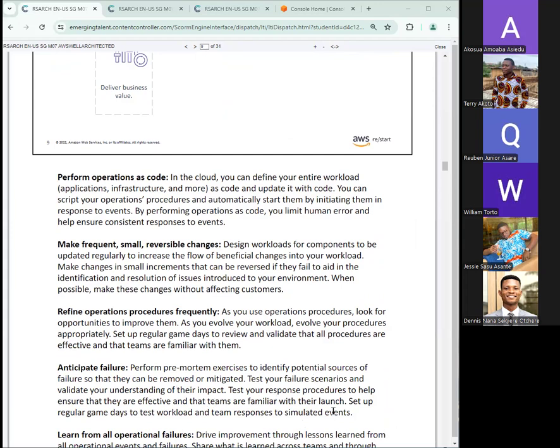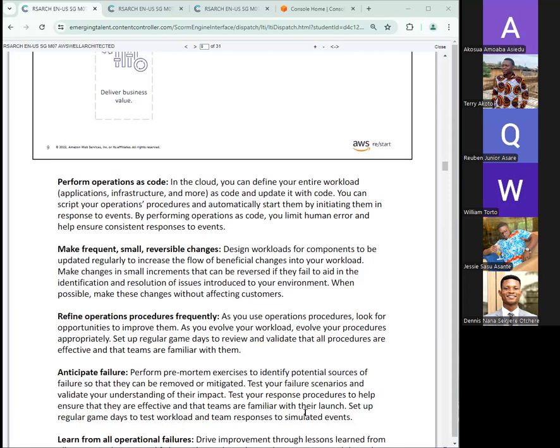And you should also test your response procedures. If anything should go down right now, how are you going to respond, so that your team would be familiar with it? If an instance should go down right now, we know that we have our auto-scaling group that will take care of it, because when we were provisioning those resources, we looked into all of those things. The pillars all kind of relate to each other.